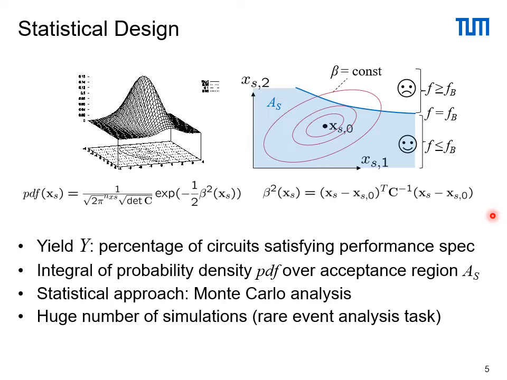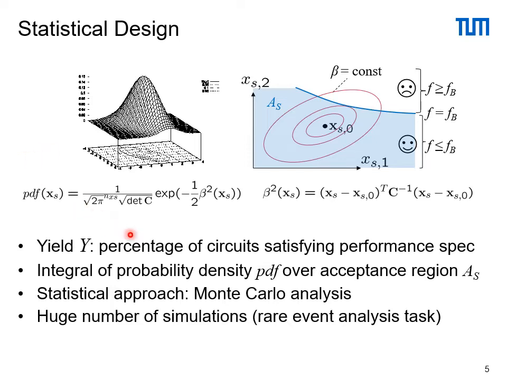You capture the quality of a design with regard to these variations by the so-called yield, which is the percentage of circuits that satisfy given performance specifications. It's actually obtained by determining the integral of your probability density distribution of the statistical variability of the parameters over a given acceptance region, which comes from specifying performance bounds.